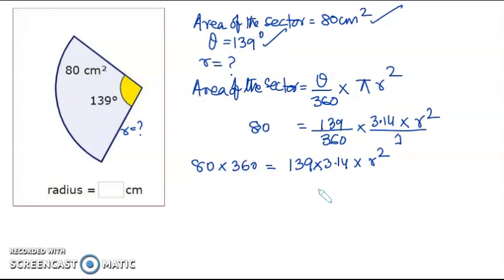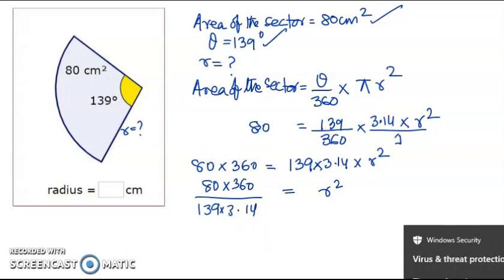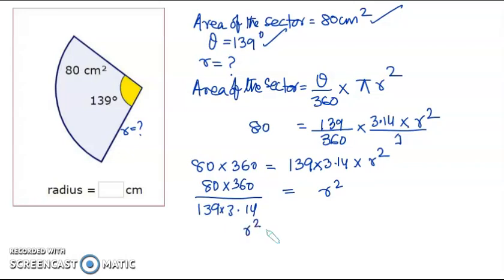Now r square will be equal to 80 times 360 divided by 139 times 3.14, which gives us r square equal to 65.98, which is equivalent to 66, we can write.